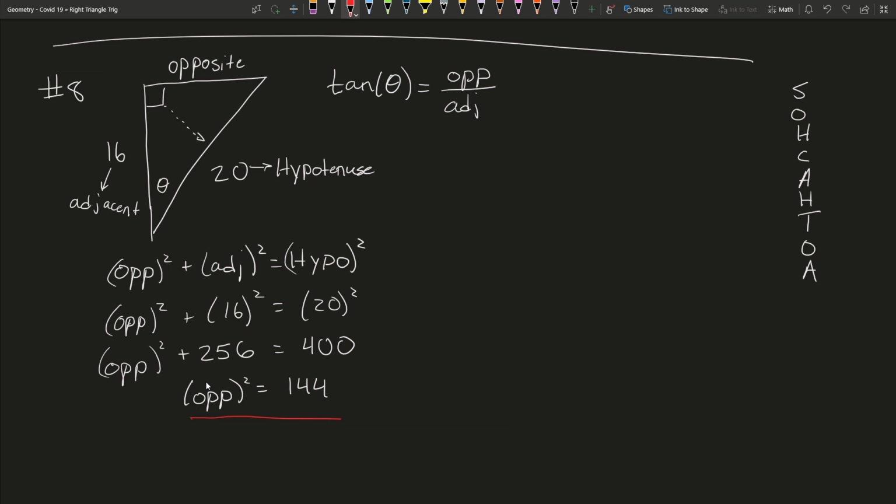So in order to undo that square, we have to take the square root of both sides. Okay, so then that leaves the opposite on its own. And the square root of 144 is just 12.